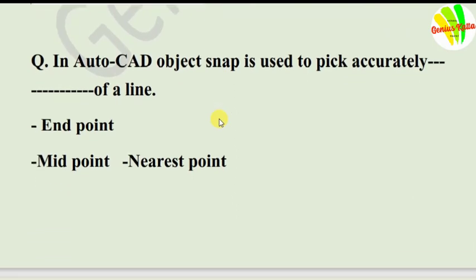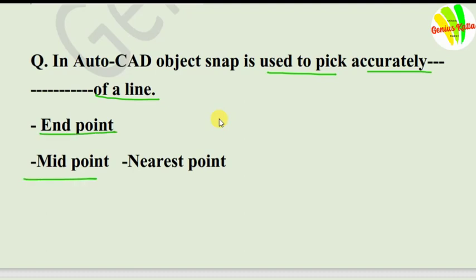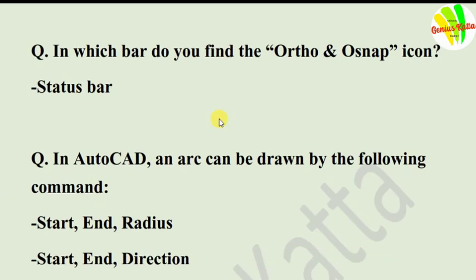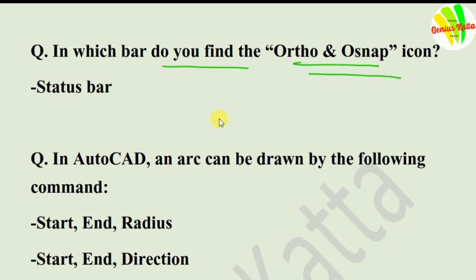In AutoCAD object snap is used to pick accurately dash of a line. Answer is end point, mid point, and nearest point. In which bar do you find the ortho and snap icon?